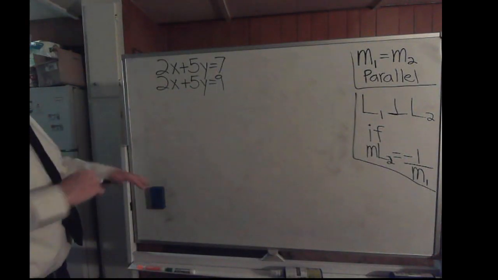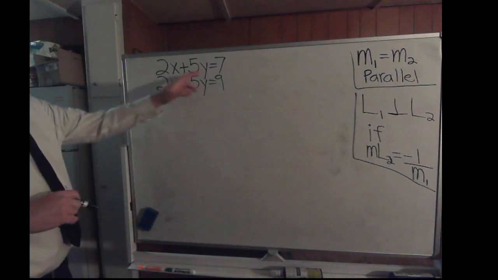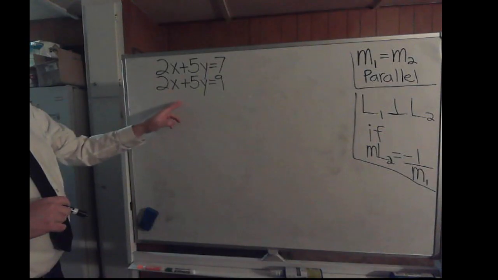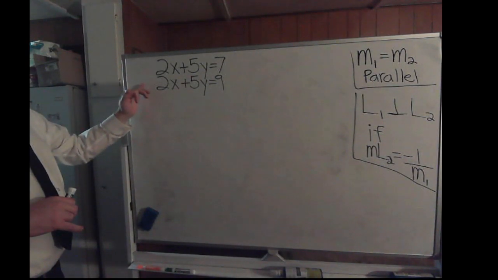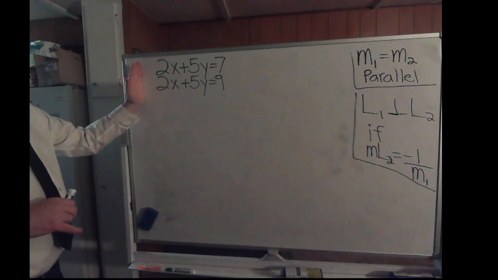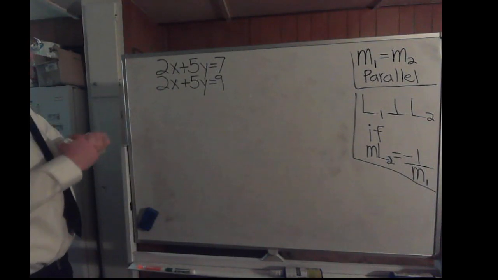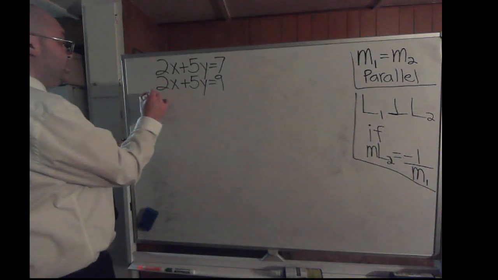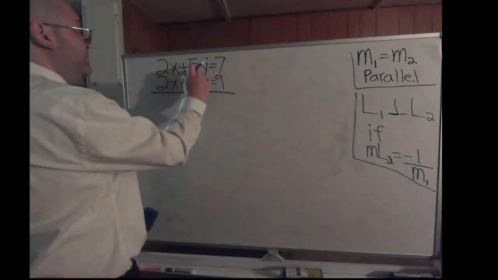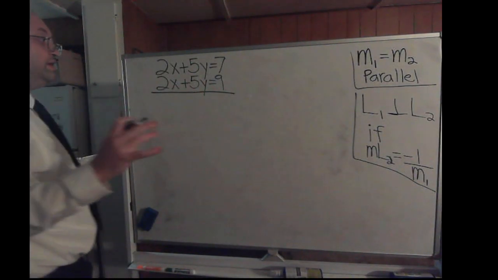We have 2x plus 5y equals 7 and 2x plus 5y equals 9. Both of these equations are in standard form. Let's work on getting them into slope-intercept form. In order to start, we need to get the 5y by itself in each equation.